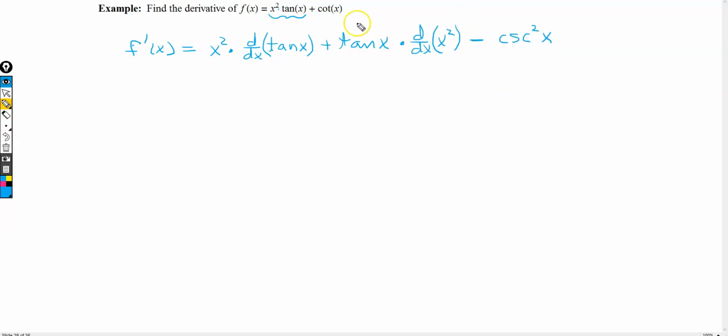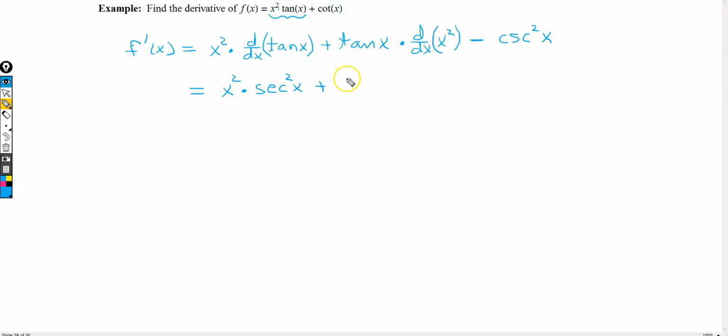Alright, now remember I know that because I remember derivative of tangent is secant squared, and cotangent is partner of tangent, so the derivative of cotangent is going to be cosecant squared x, but with a negative. Alright, and now we can simplify this as derivative of tangent is secant squared x.